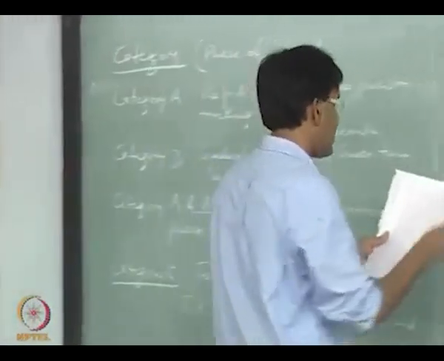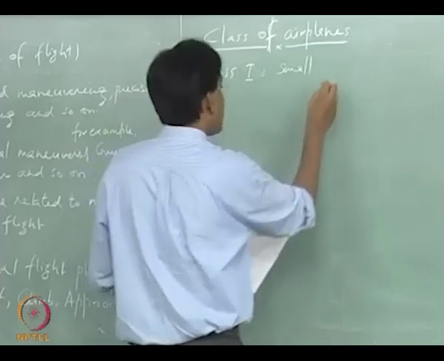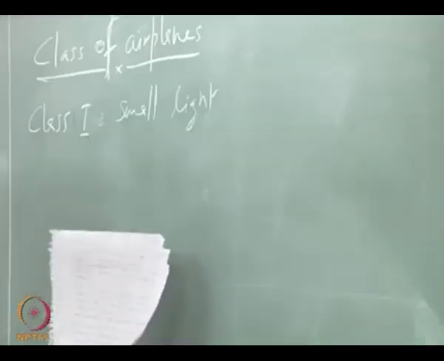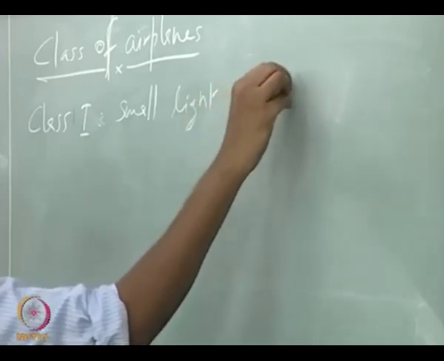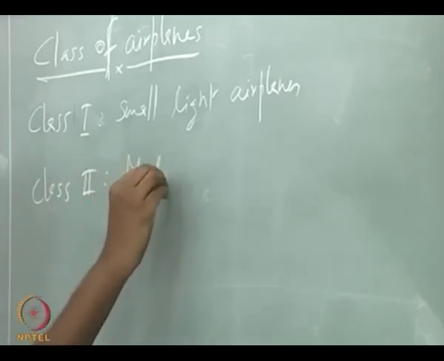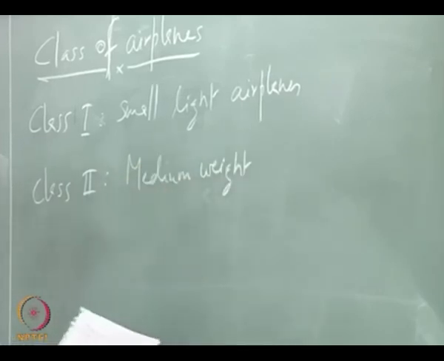In class 1, small light airplanes. So class 1 belongs to these small light airplanes. Class 2 is medium weight.